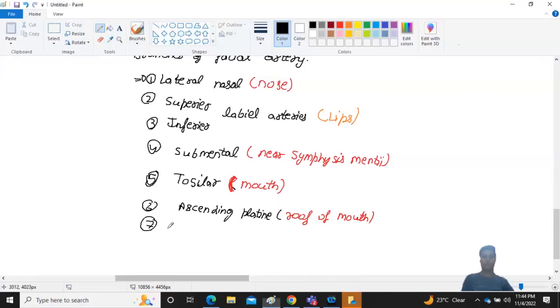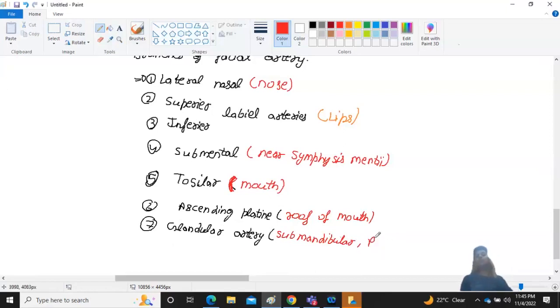Then the last is the glandular artery. Glandular artery for the submandibular gland, all these areas, the submandibular gland, mandibular and parotid region.